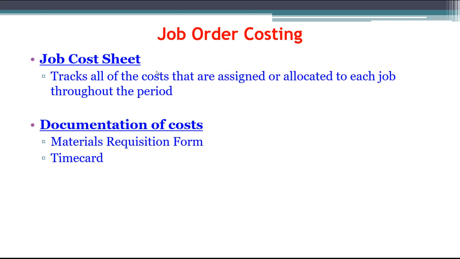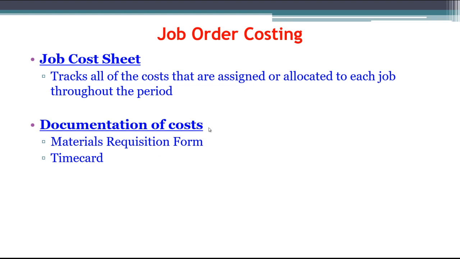So we have something called the job cost sheet, which each job or product or service is going to track all the costs that it's used up. So think of a construction job or multiple construction jobs. Each job is going to have the record of the materials and the time and the overhead that it's used up.